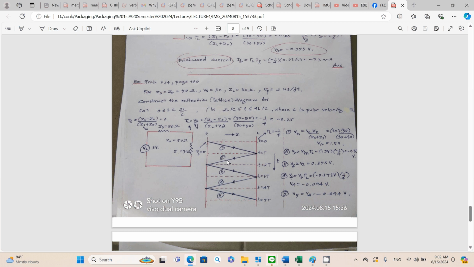You just add them up, depending on what time you're looking at. You look at 2T, 3T, 4T, and 5T. Okay, that's all for lecture number 2. Lecture number 4, series 2.